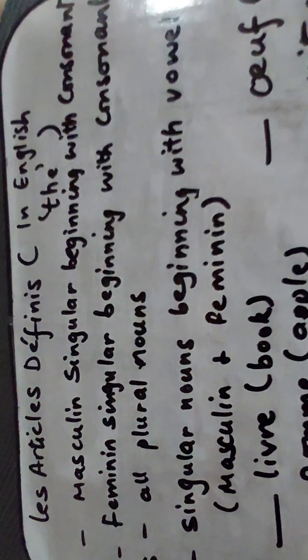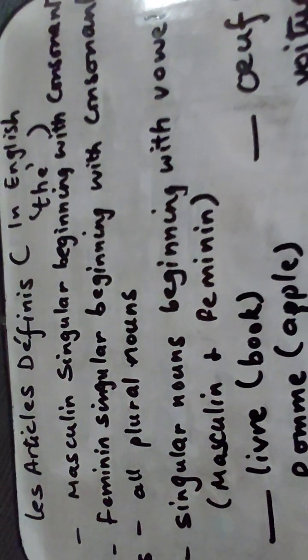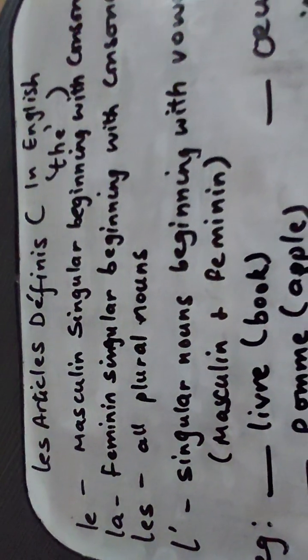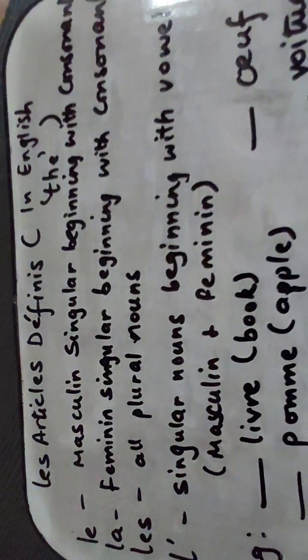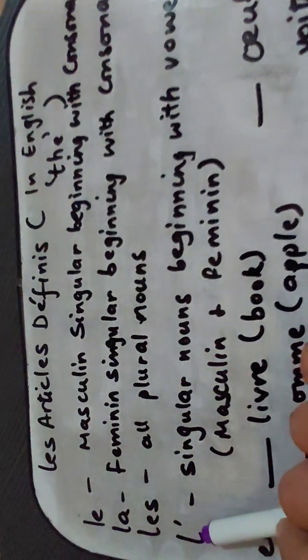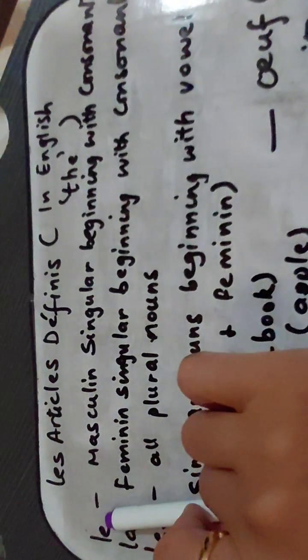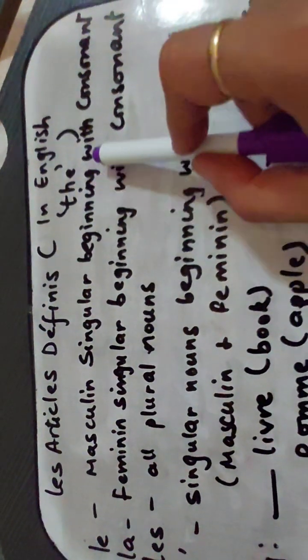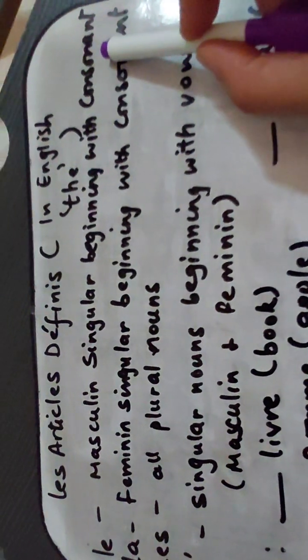What are definite articles in English? It is "the". In French, we have four definite articles: le, la, les, and l'. Le is used for masculine singular nouns beginning with a consonant.